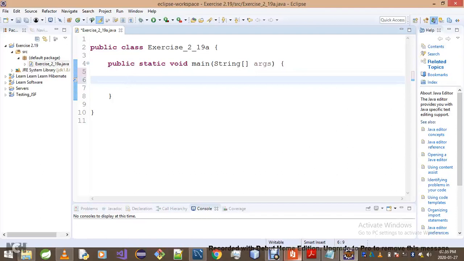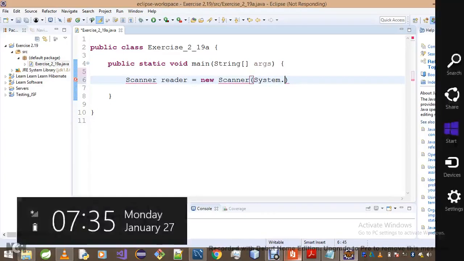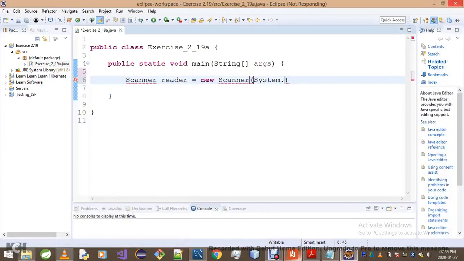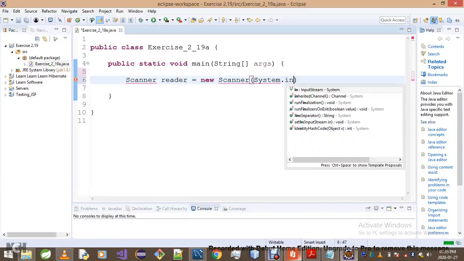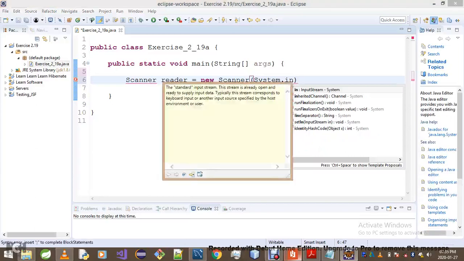What you're going to have to do first is the obvious thing, which is to create our scanner, reading from the keyboard, of course. There are many ways one can go about solving this problem.